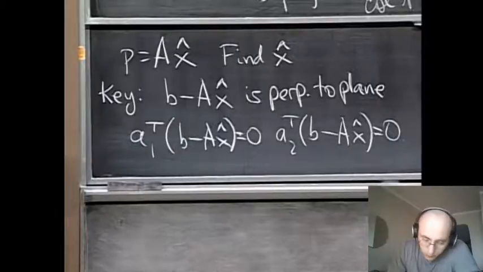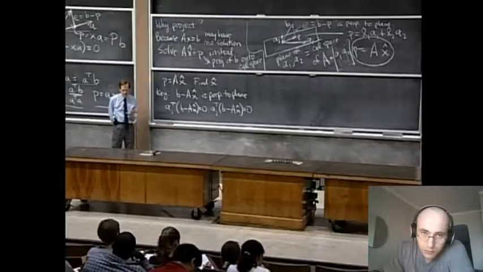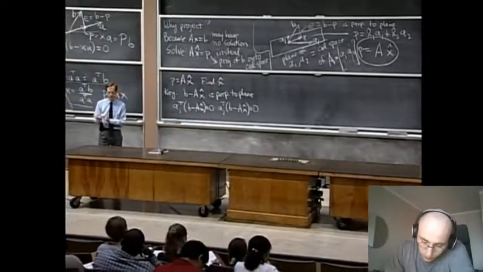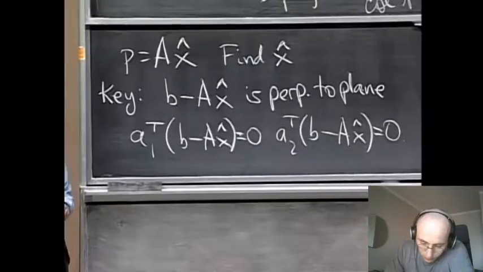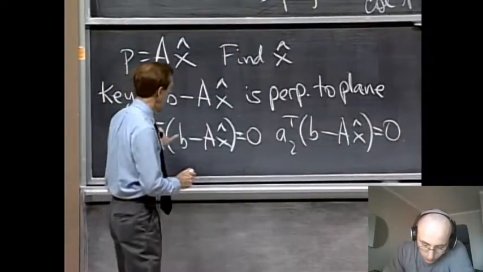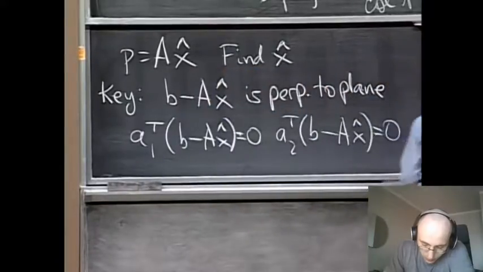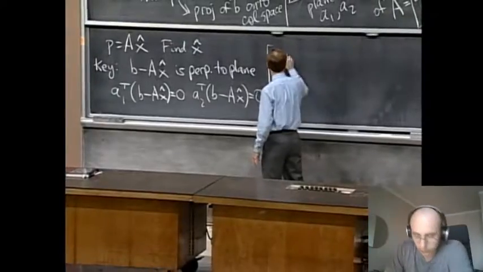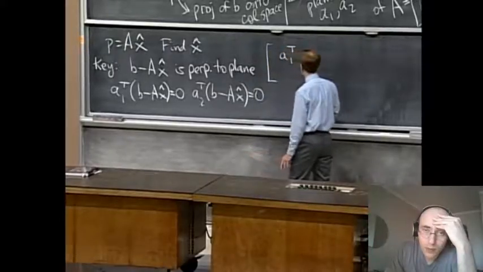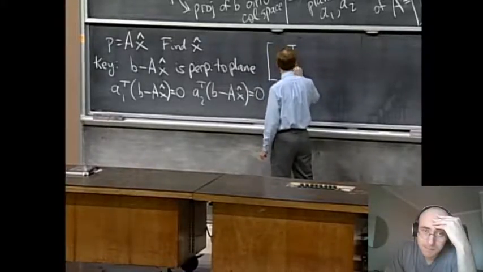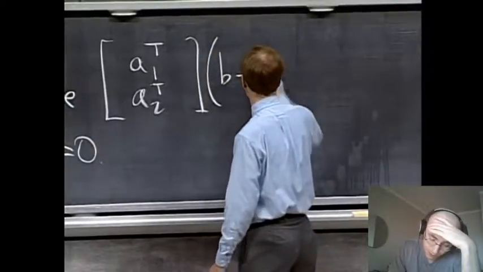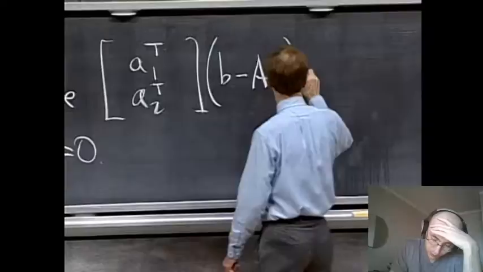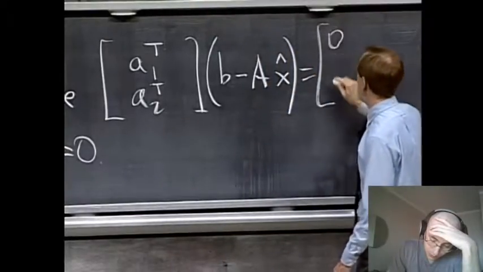Those are my two equations. But I want those in matrix form. I want to put those two equations together as a matrix equation. And it just comes out right. Look at the matrix A transpose. A1 transpose is its first row, A2 transpose is its second row. That multiplies this B minus Ax and gives me the 0 and the 0.